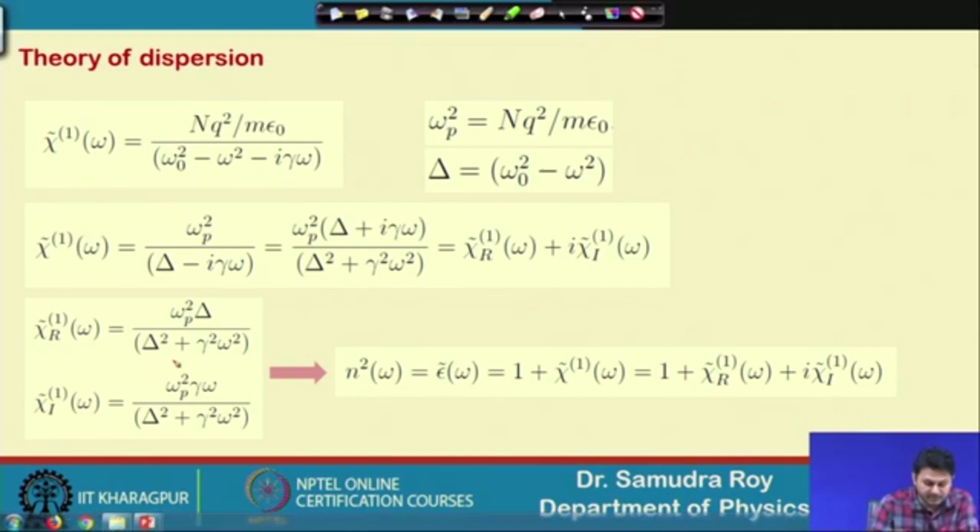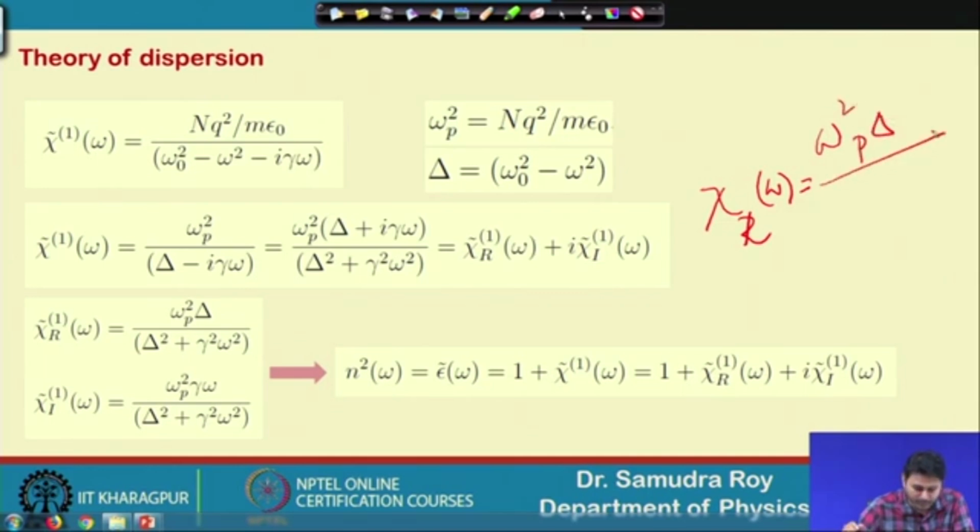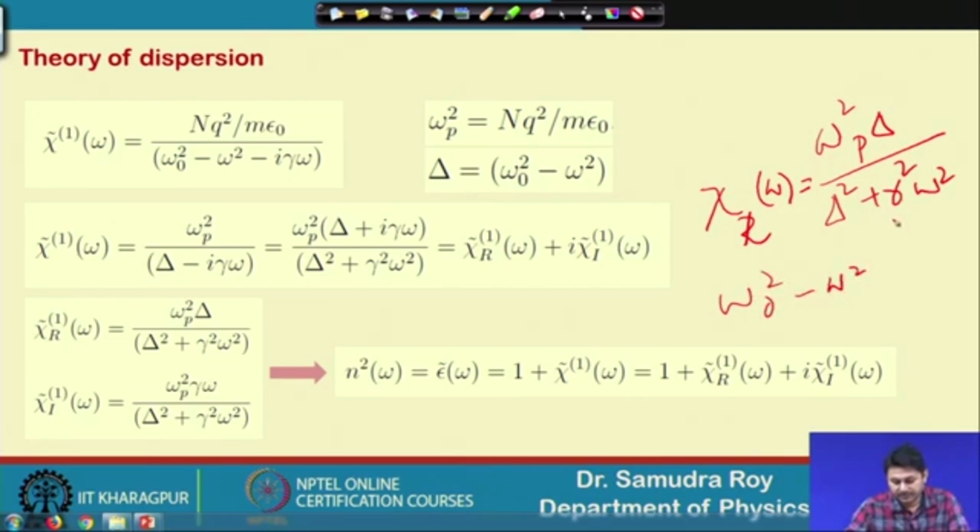So, this delta, so chi r is omega p square times delta, divided by delta square plus gamma square omega square. Delta is omega 0 square minus omega square. If we consider my damping is very small, then this equation I can approximate as this.